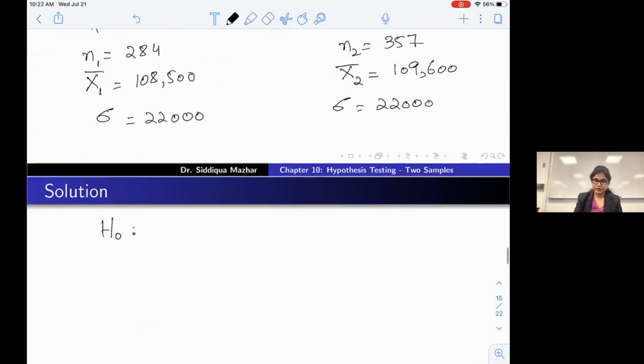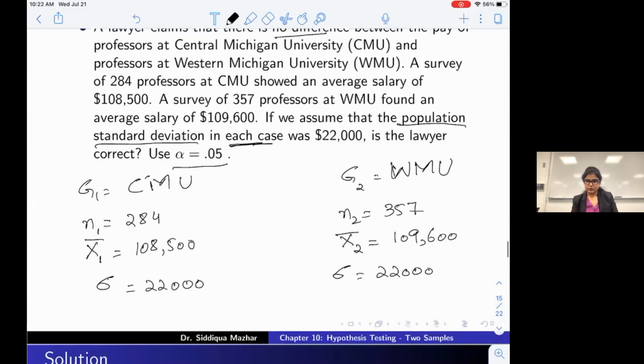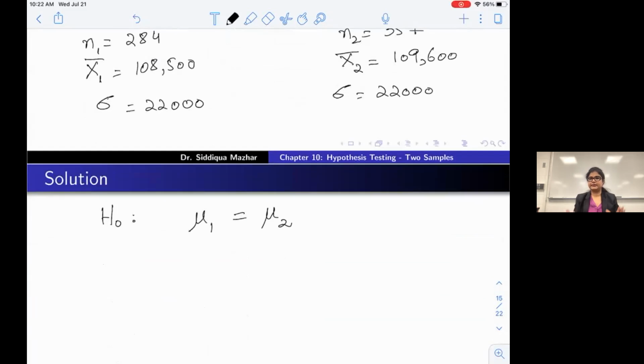So Central Michigan University is assigned mu 1. Their average pay is equal to the average pay for Western Michigan University. So there is no difference, which means there is an equality sign, and equality signs you always put in your null hypothesis.